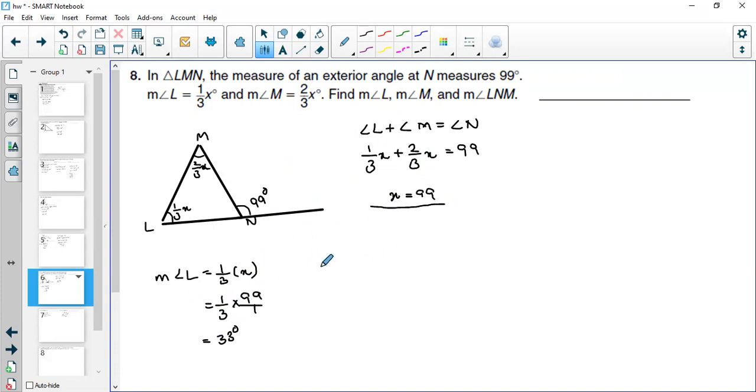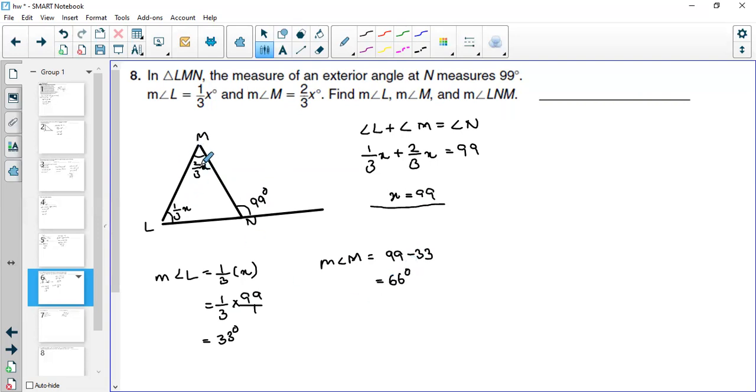The next one, measure of angle M, is, now you can do two things. You can subtract 33 from 99 and find out angle M, because you know when you add these two angles you will get 99. So you could say measure of angle M is 99 minus 33. That will give you 66 degrees.